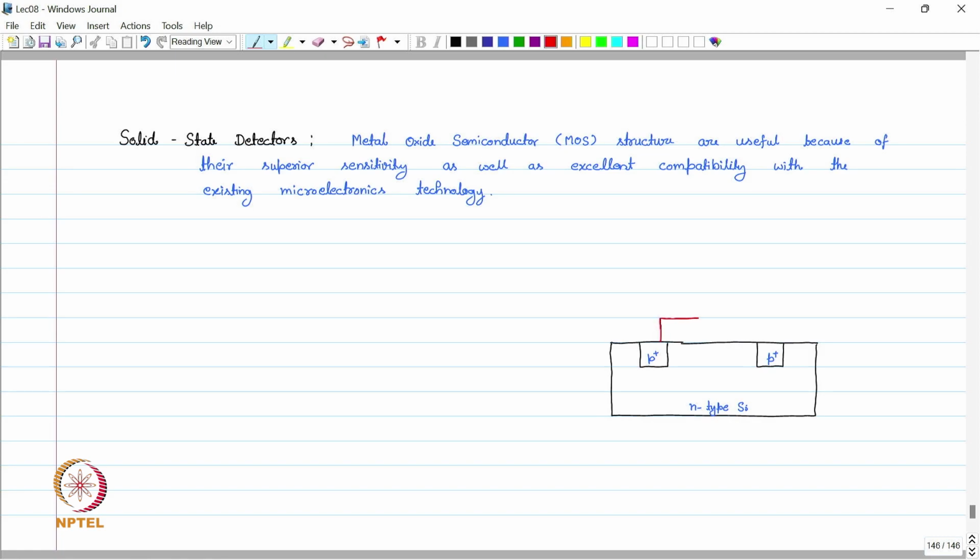So let's say this is that thick gate oxide, this terminal is source and this terminal is drain. And this terminal is the gate terminal.